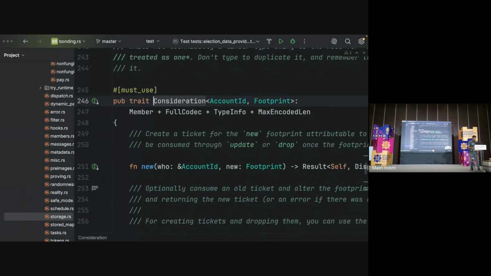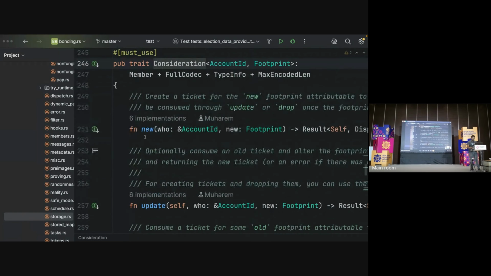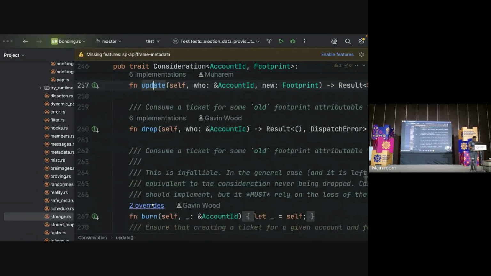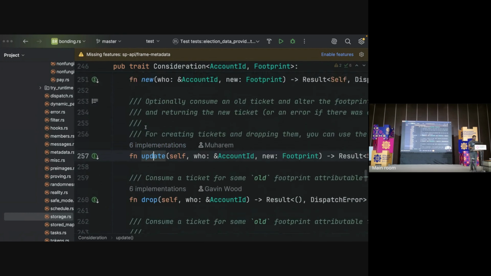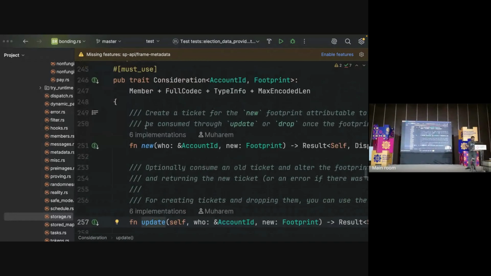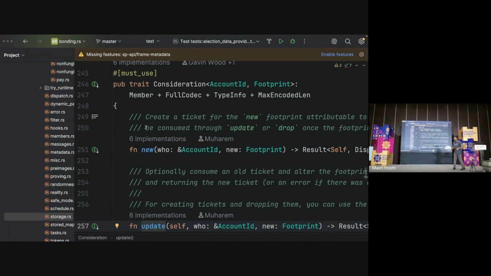Let's see what is consideration. It's a trait which has a few functions: new, update, drop, burn. I don't know what burn does, but I'll look at new, update, and drop. So the idea is your pallet depends on some kind of consideration. What this type of consideration is, is set from the runtime level. So your pallet level requirements are very generalized. You define some kind of footprint, and then consideration new will give you a ticket, some object back.